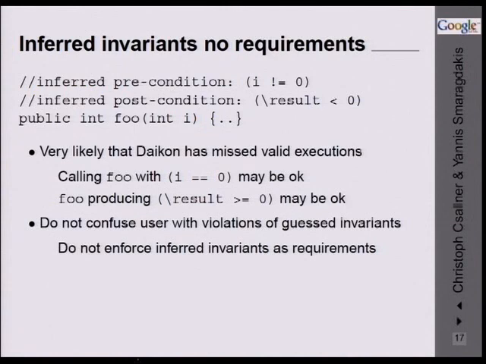So it's very likely that we only observed a few executions and missed several legal executions. So we do not want to warn the user about cases where the code executed and violated some previously derived precondition.